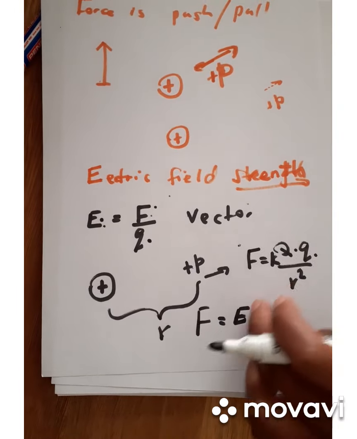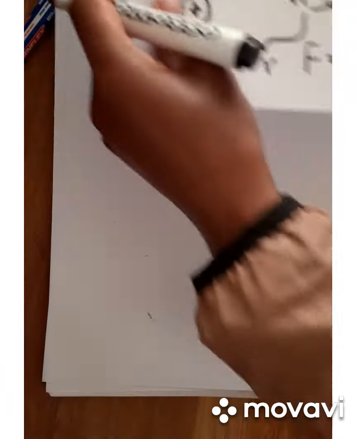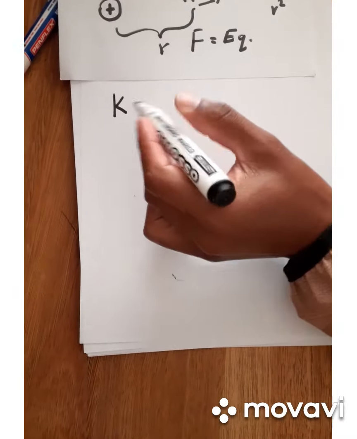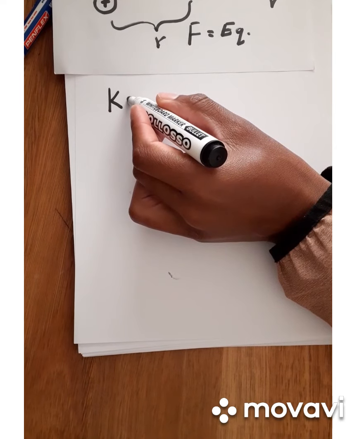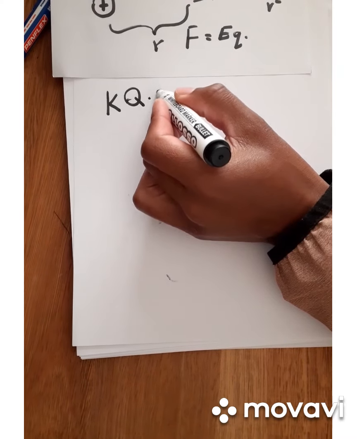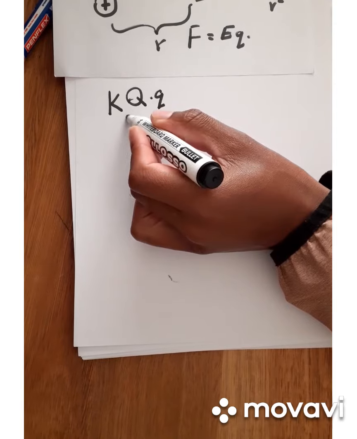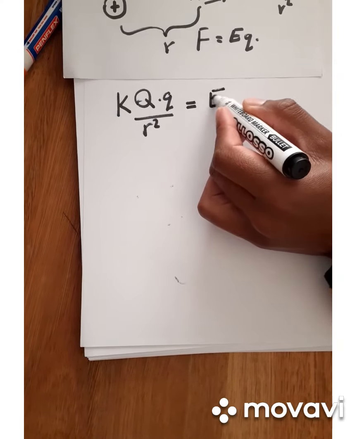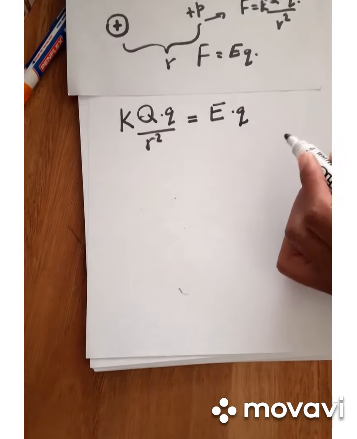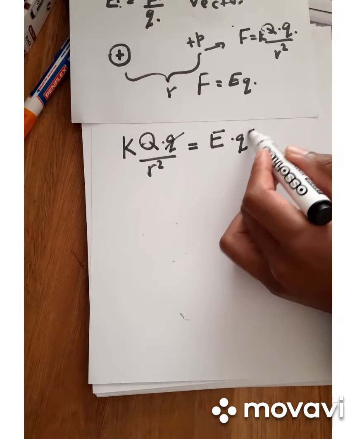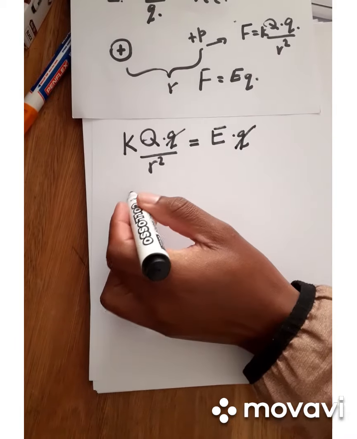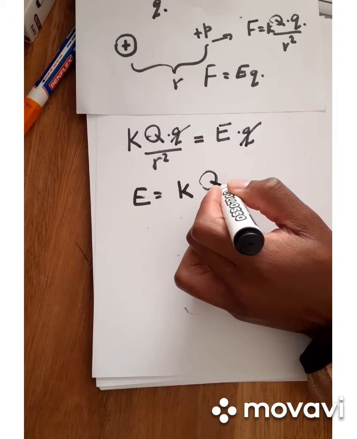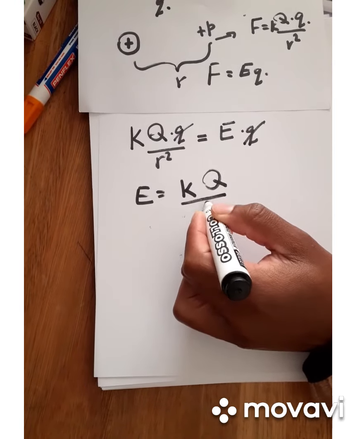So if we try to equate the two, we can say K times the charge multiplied by the test charge divided by r squared is equal to E multiplied by q. Now you see small q is common on both sides. Therefore, E automatically becomes K Q over r squared.